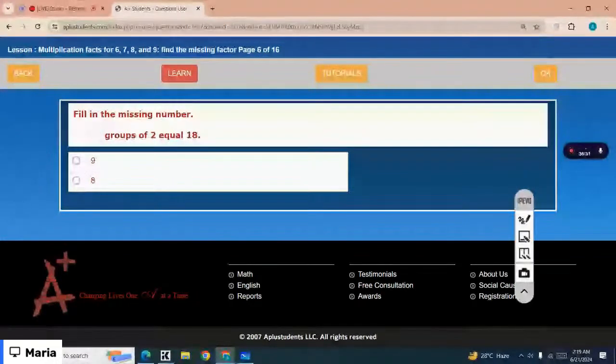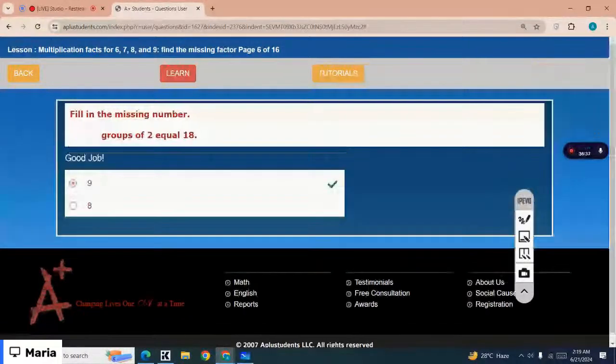Which is the correct option? Yes, 9 it is. 2 times 9 is 18. So the correct option is 9.